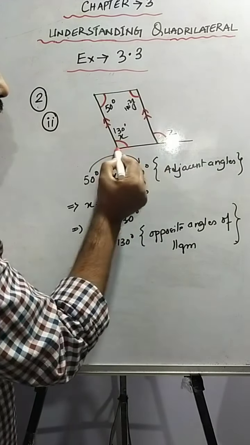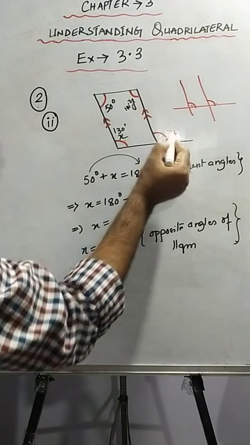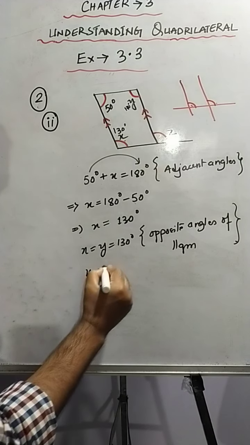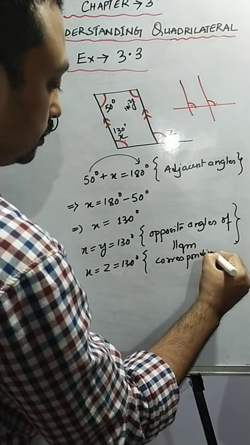These two angles are corresponding to each other, on the same side of the transversal line. So x is equal to z, and that is equal to 130 degrees, as they are corresponding angles.